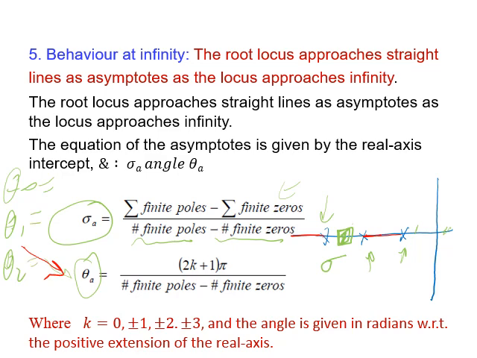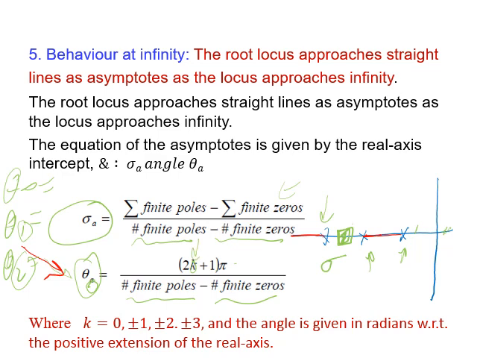Because I will calculate theta 0 with K equal to 0: (2 into 0 plus 1) into pi divided by the number of poles minus the number of zeros. Number means number, 3 poles, 4 poles, 5 poles, something like this. When I want to calculate theta 1, K will be equal to 1. When I calculate theta 2, K equals 2.